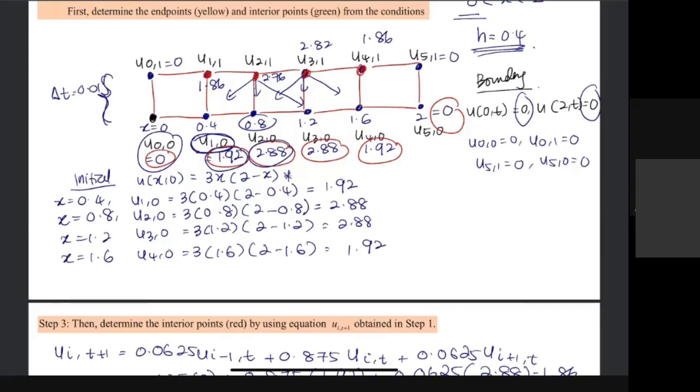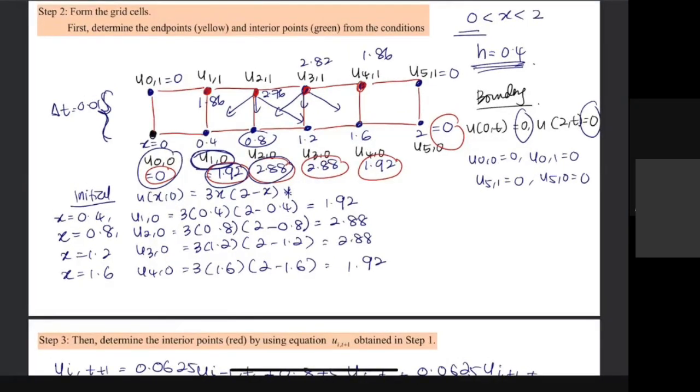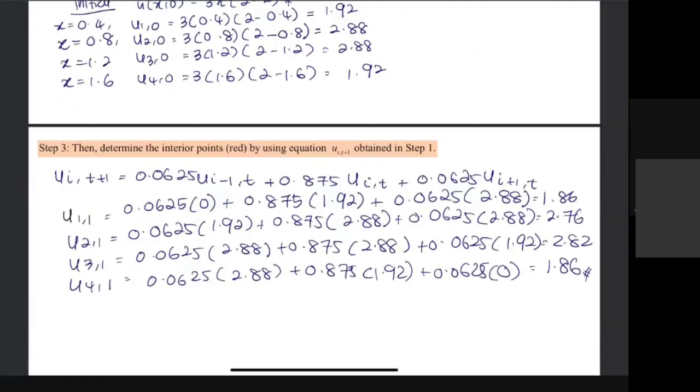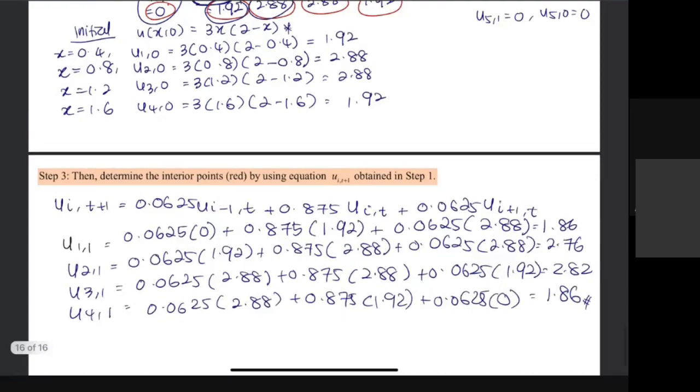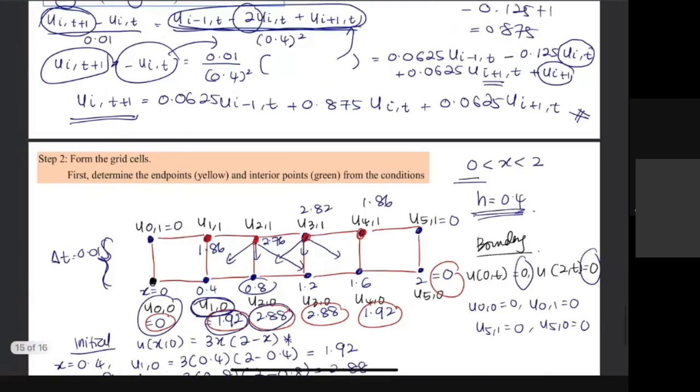So we have determined all the temperatures for each point. So that's it for the finite difference method. We want to solve the heat equation by using the finite difference method.